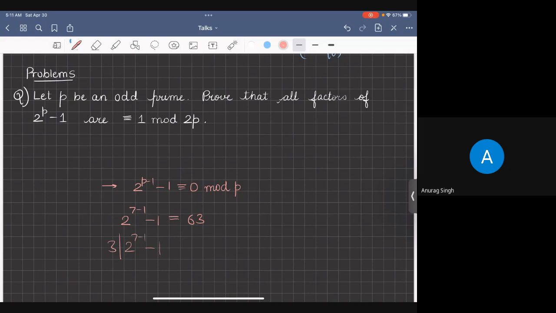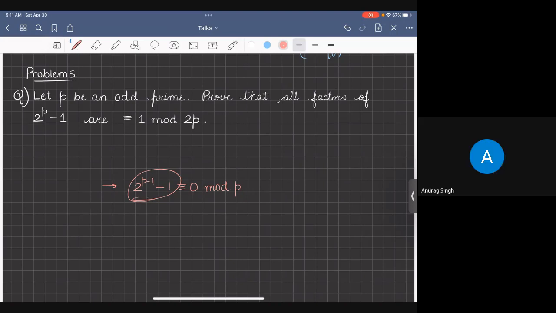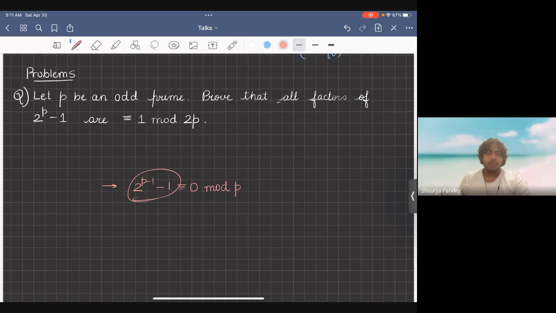Why would the factors of this have to be divisible by p? 3 is a factor of 2 to the 7 minus 1, but it's not divisible by 7.